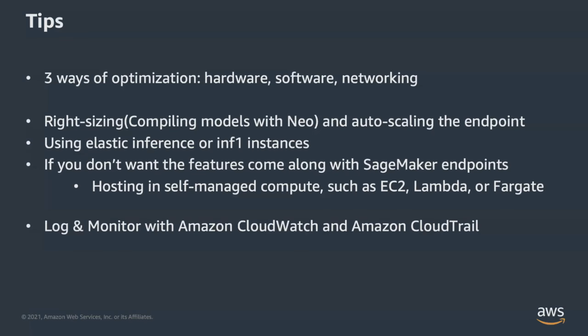That's also a possible choice. And then you can work with the workloads that you're familiar with. The last one is to think of doing the logging and monitoring, not only with SageMaker, but also with other applications as well, that can help you to have a better overview for your teamwork and also for the usage of your endpoint.